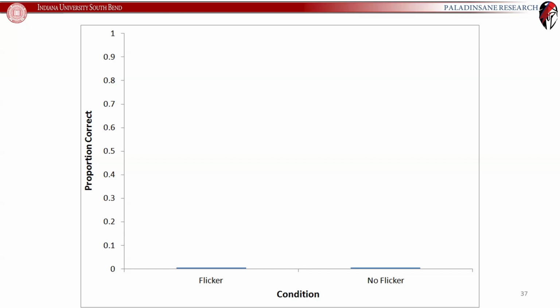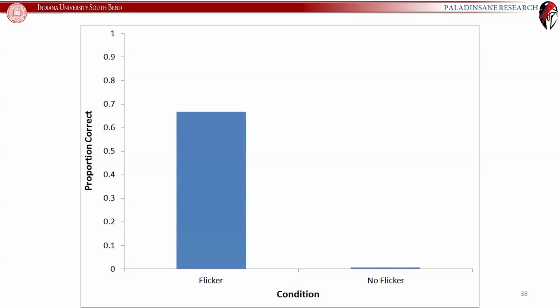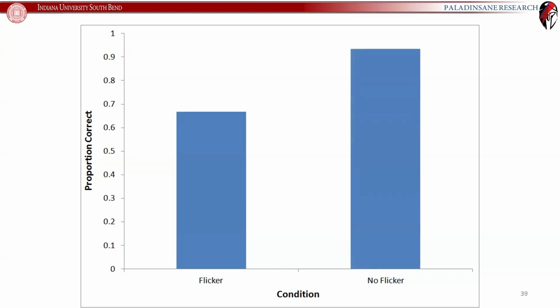And let's take a look at that flicker condition first. As you can see, the accuracy that you had was at about 67%. Okay, so not that much higher than 50%, definitely higher. I mean, people aren't just guessing in the flicker condition, but it is nowhere near as accurate as you were in the no flicker condition.